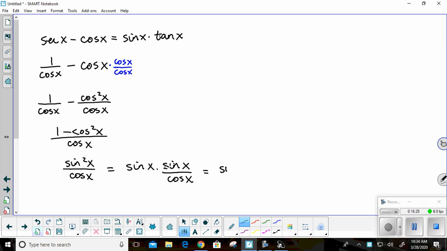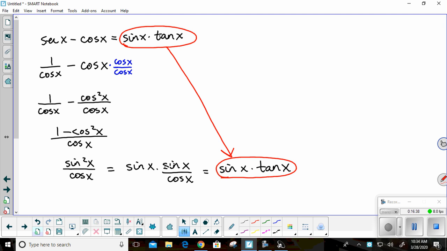So this is sine x times tangent x. Same thing. Again, verifying an identity, you're trying to manipulate the left-hand side to where it looks like the right-hand side. Okay, that was number 19.